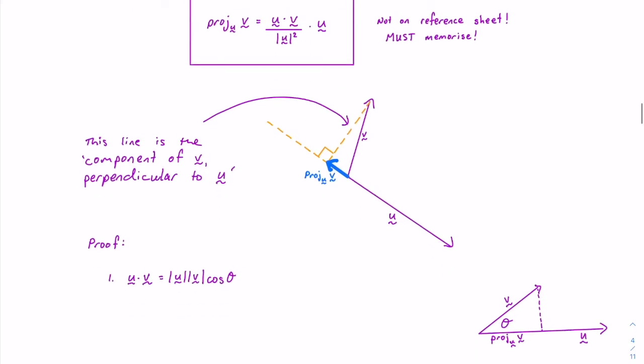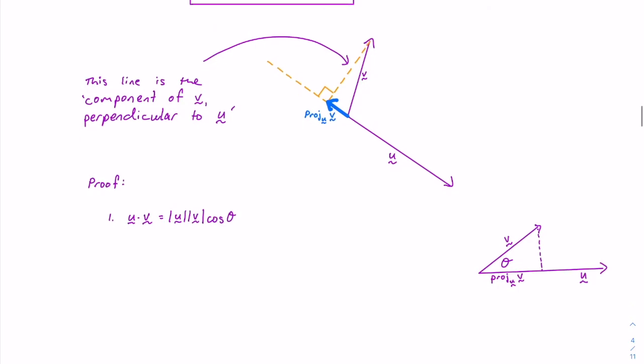So we know that the dot product is given by this formula. That's the first thing we're going to think about here. And if I just rearrange that, then cos theta is equal to the dot product of u and v divided by the product of their magnitudes.